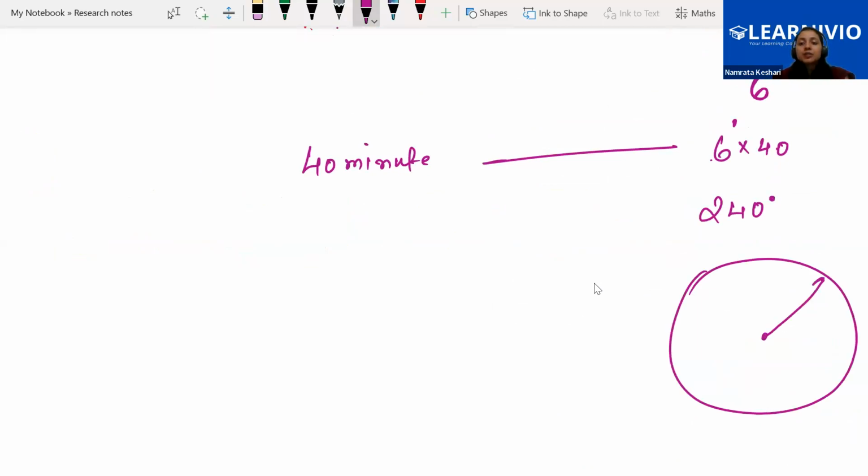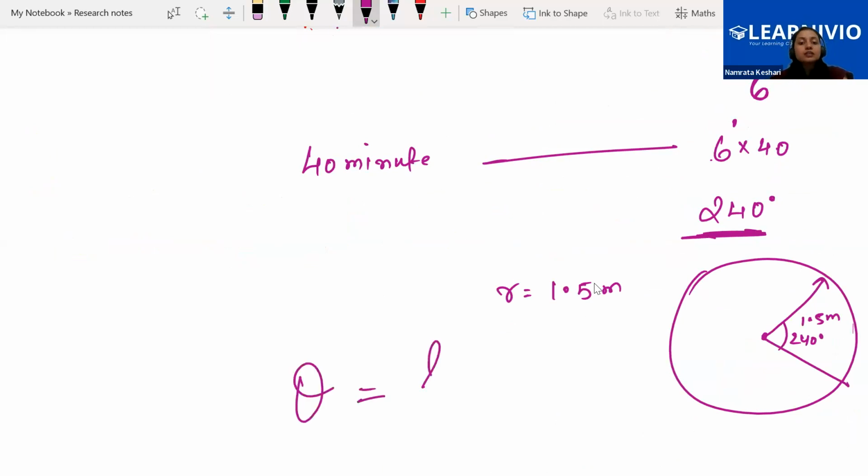So can we take the radius for this scenario as 1.5 meter, and it is covering what angle? We have already figured out that it is covering the angle 240 degrees. And then we have one magical formula, theta is equals to L by R. But we understand that in this formula degree will not be accepted. Yes or no?